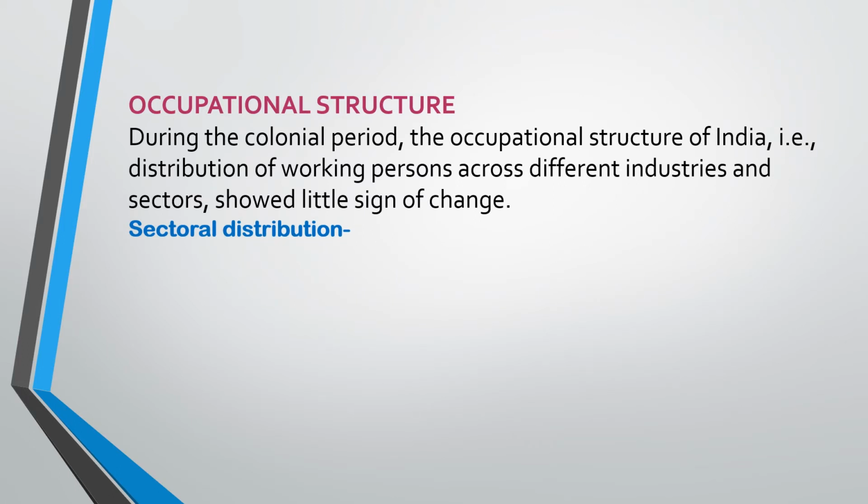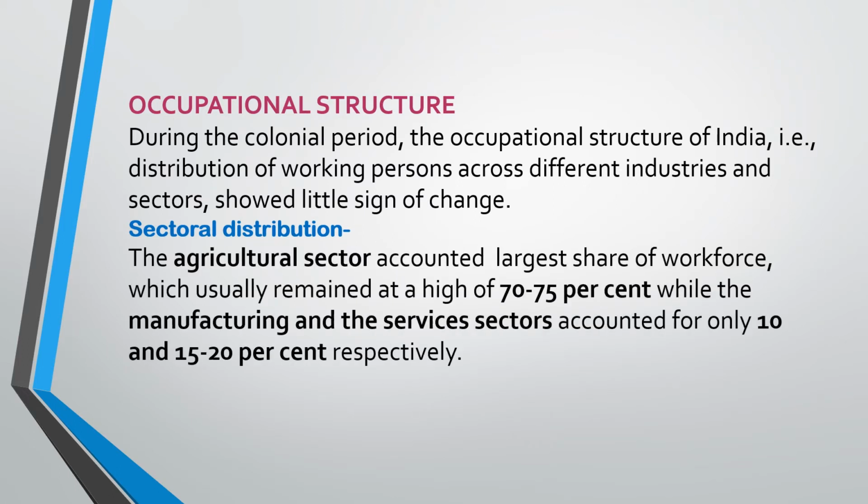Sectoral distribution. The agricultural sector accounted for the largest share of workforce, which usually remained at a high of 70 to 75%, while the manufacturing and the service sector accounted for only 10% and 15 to 20% respectively.